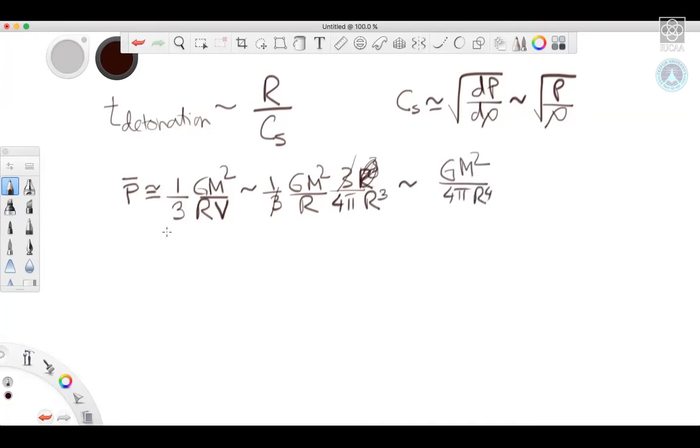That's my pressure. And rho, of course, is M over 4 pi over 3 R cubed, mass divided by volume.